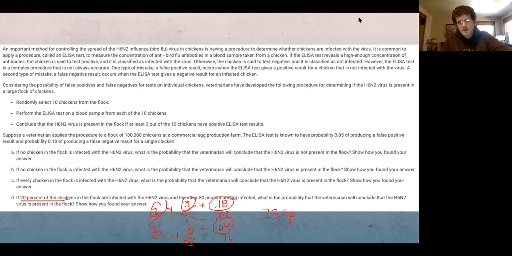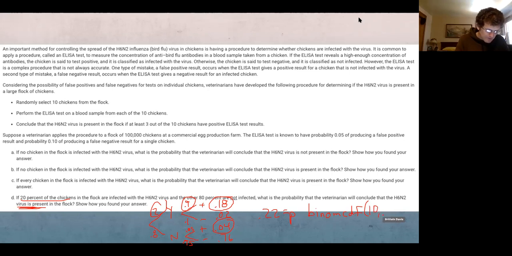If that's our probability of a positive at this point, now I can just use a binomial CDF. And we want to figure out the probability that it is concluded that the virus is present, not president. I'm not talking at all today correctly. So let me see, I've got 10 trials.